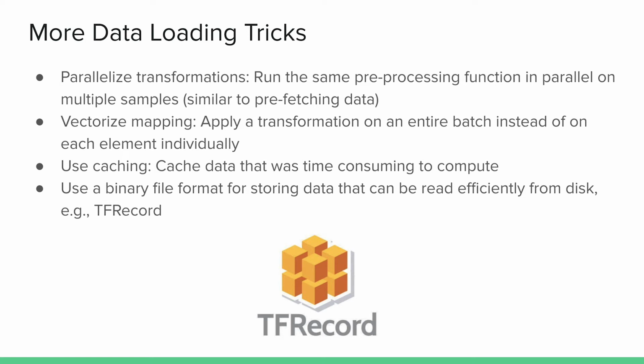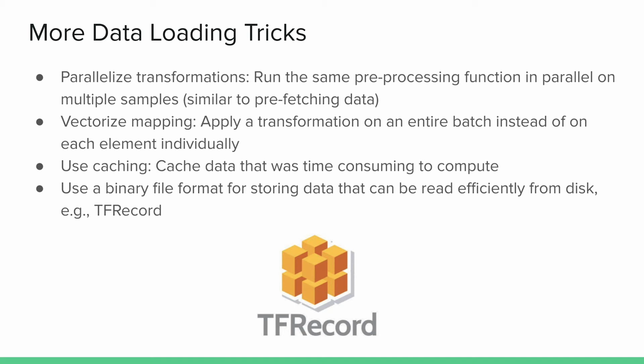If you have data that is very expensive to compute, consider caching your data, at least while you're training, in such a way that you don't have to compute all those expensive operations over and over again. And finally, use a binary format for storing your data if you are reading from hard disks that still have mechanical components, where they're slow on reading and slow with random access.